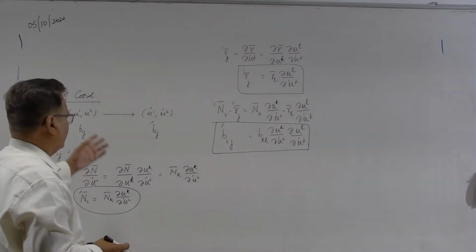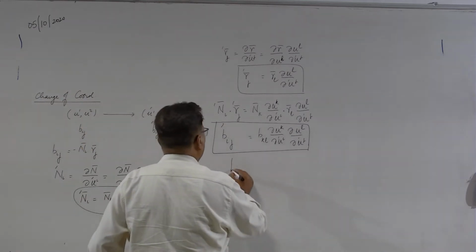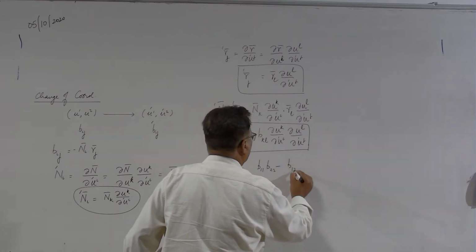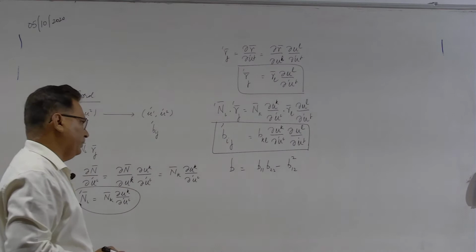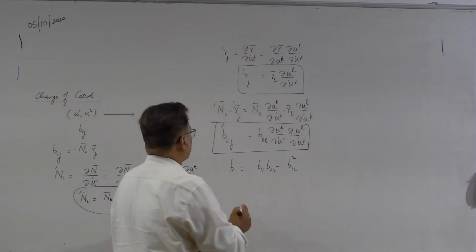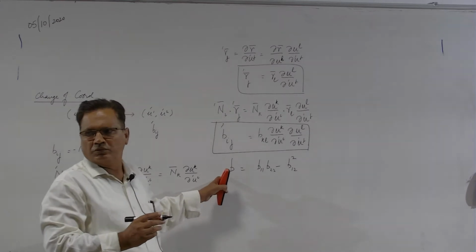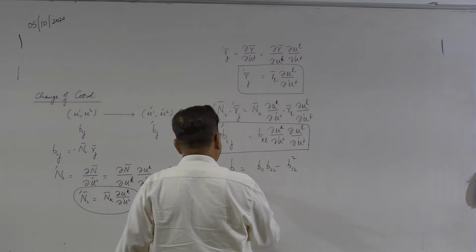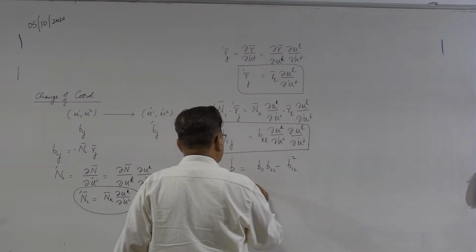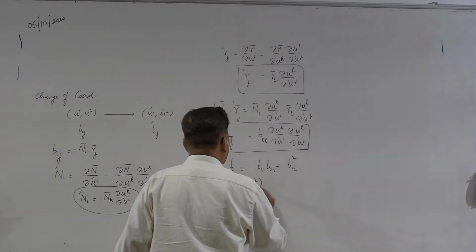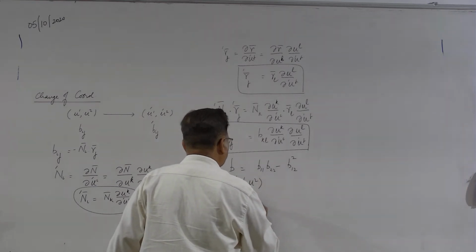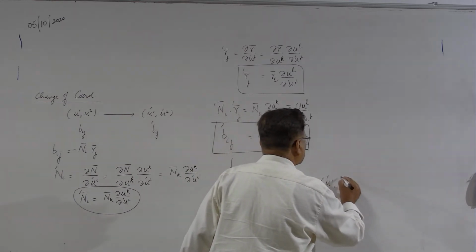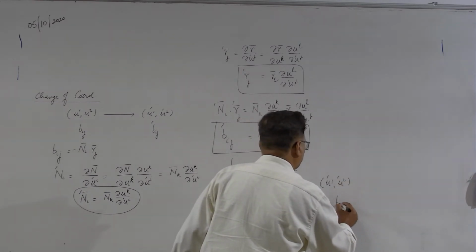Now, I can think of b also, as we know that b equals b11 b22 minus b12 square, that is the determinant of b_ij. Now, I want to see how b transforms from the undashed to the dashed system, or the other way around. Suppose in the coordinate system u1, u2 the determinant of b_ij is b, and in the new coordinate system u1 dash, u2 dash the determinant is b dash.